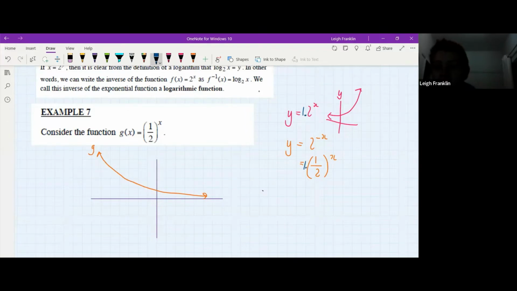Now the fact that it's positive means that both of these functions are sketched above the asymptote. So your horizontal asymptote would still be the x-axis in both cases. That is not a reflection over the line y equals x, it's a reflection over the y-axis.